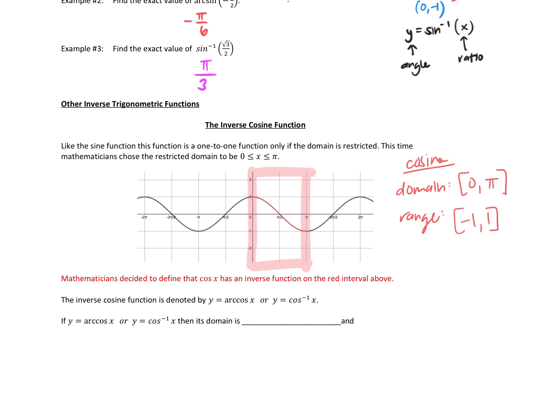So if I'm looking at arc cosine or cosine inverse, they mean the same thing. My domain is from -1 to 1, and then on the next page, my range is from 0 to pi.